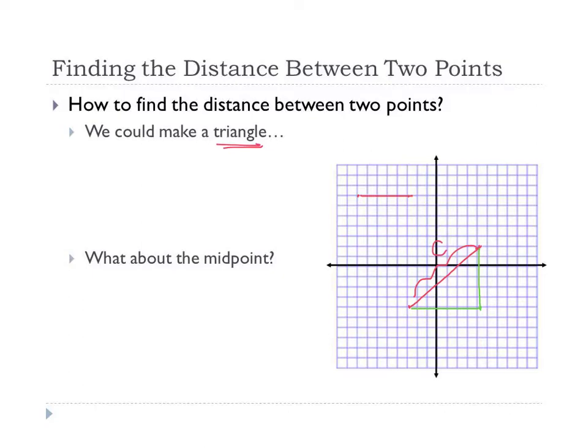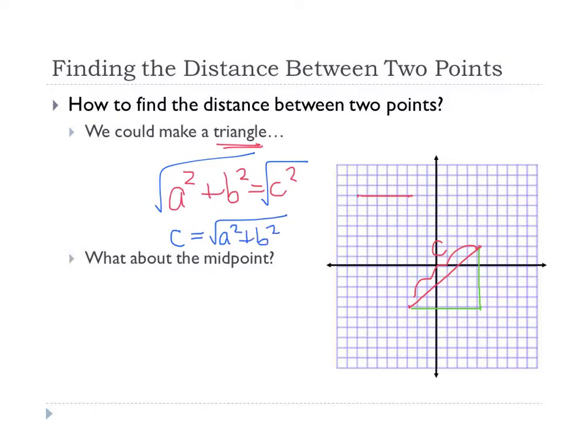Well, you should happen to know the Pythagorean theorem, right? If you specifically just want C, if I square root both sides, you get C equals the square root of A squared plus B squared, with A being one of the sides and B being the other. We'll elaborate on that a little more later.